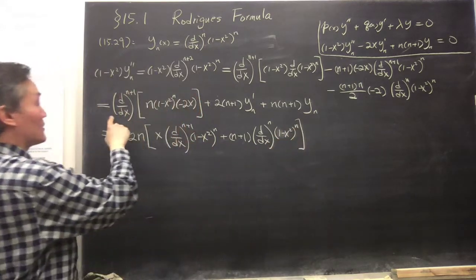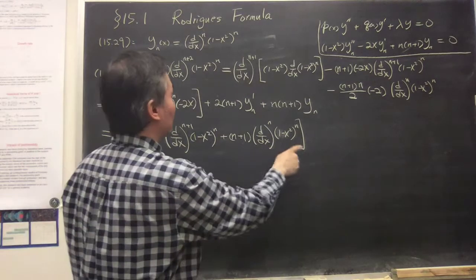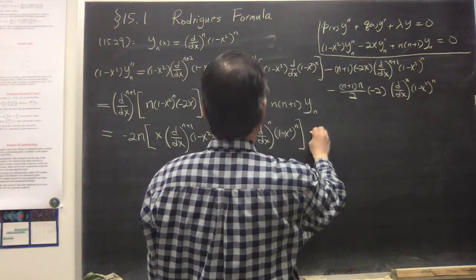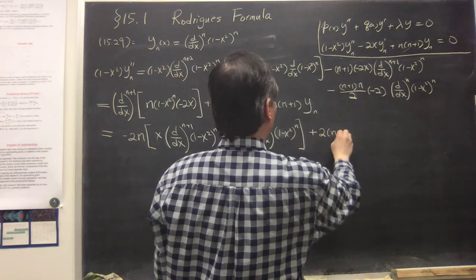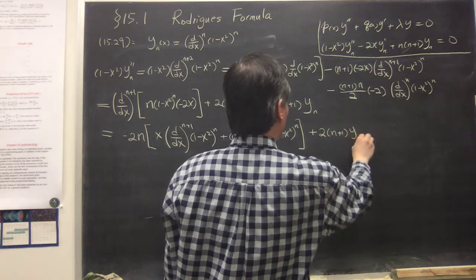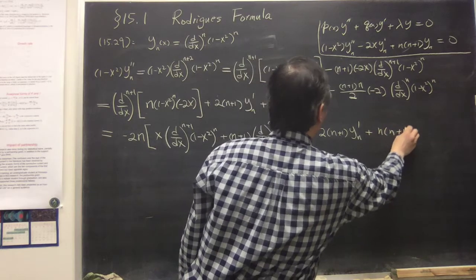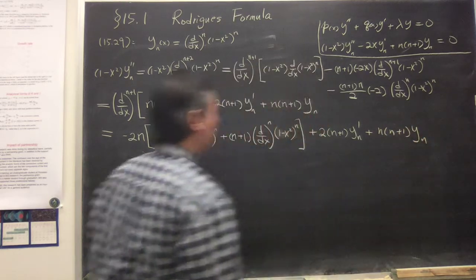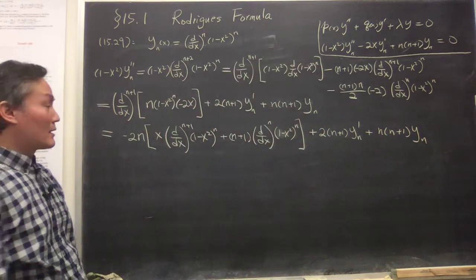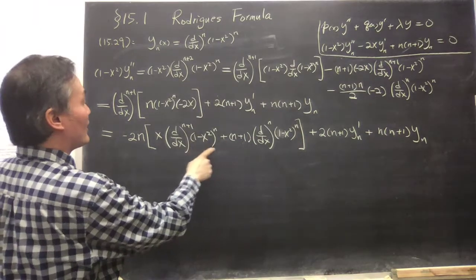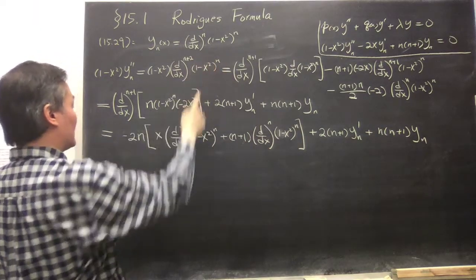So this is this one. The rest is just plus 2 n plus 1 yn prime. Just copy the rest. Okay, now we can do the same thing to simplify this and that using this formula.